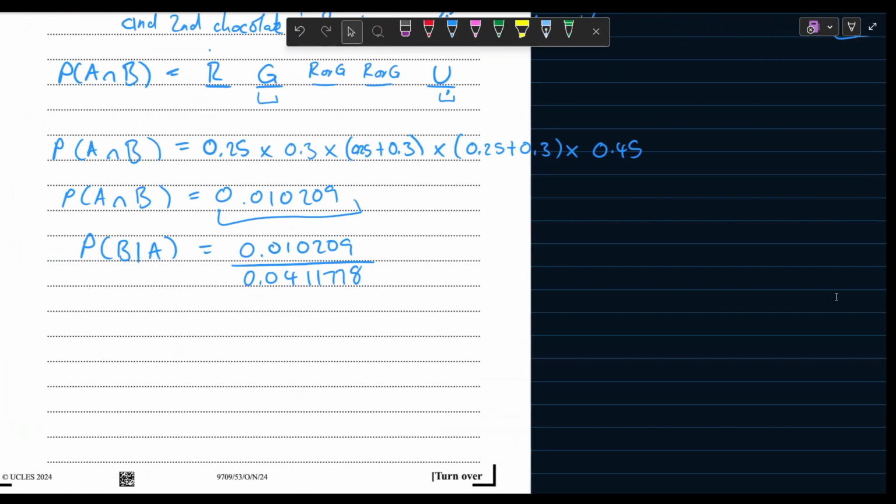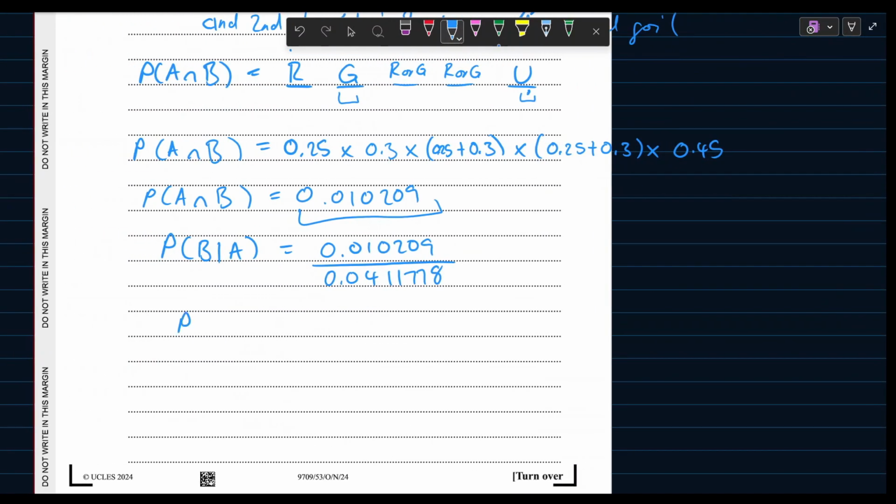Okay, so let's punch that into the calculator. This is probability of B given A. That's 0.010209, and this is over 0.0411778, and this gives us 0.248, correct to three significant figures, and that's our final answer.